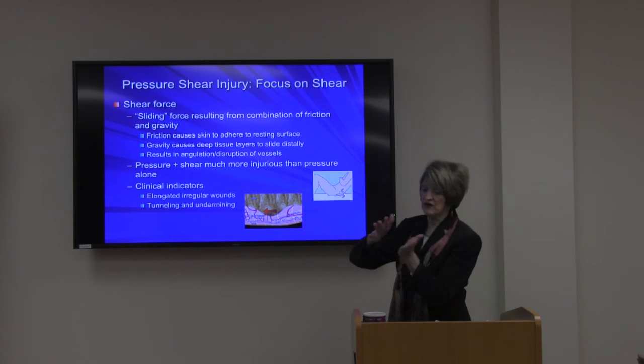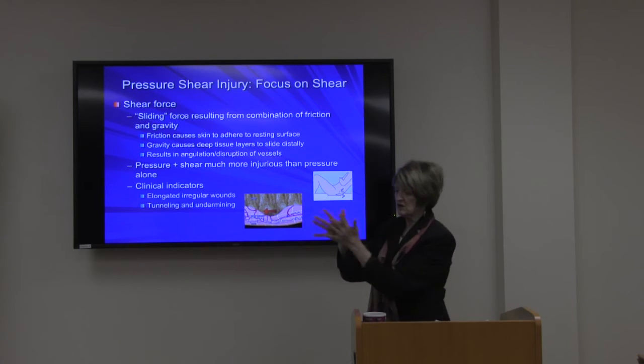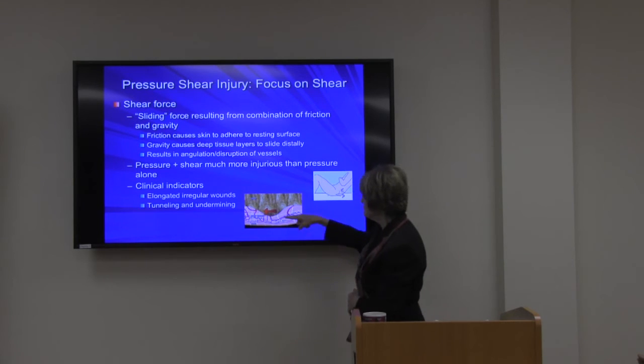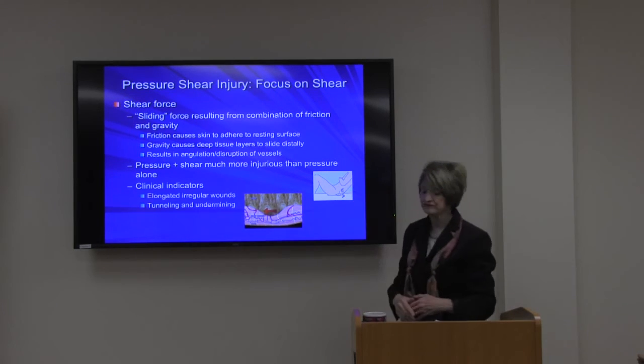This just shows you that with pressure alone you get just flat compression. But with pressure and shear, you get compression and then stretch. So here you see you've got downward force, and now you've got lateral force. And that is much more damaging to the underlying tissue.